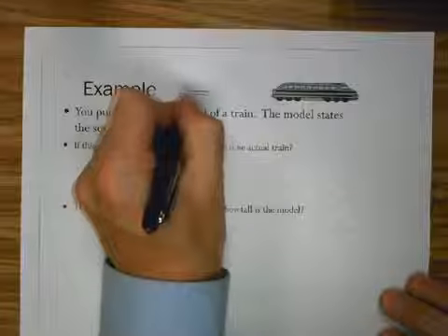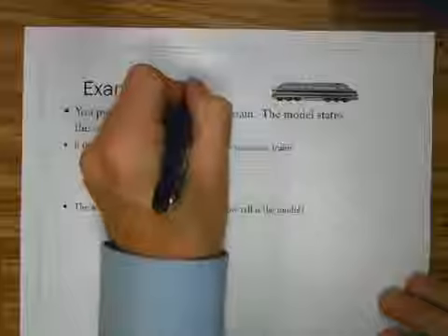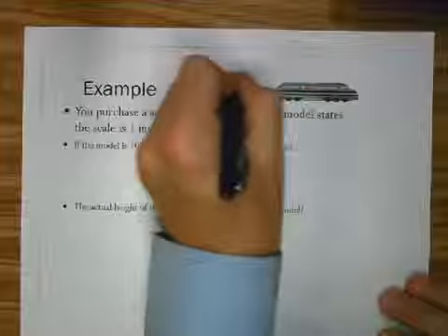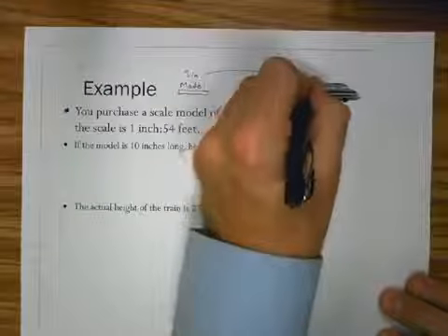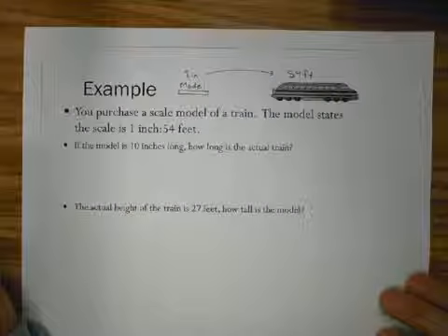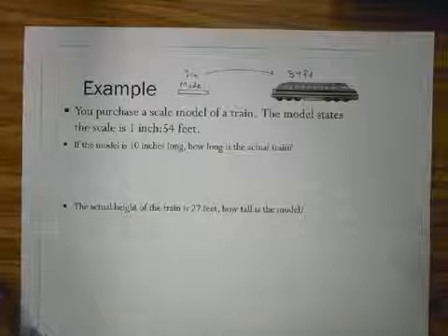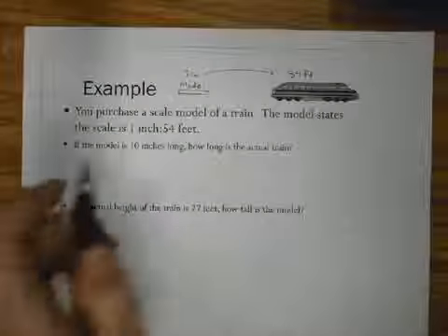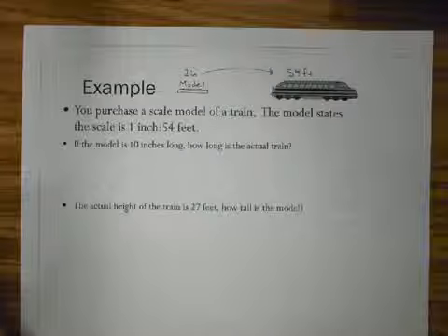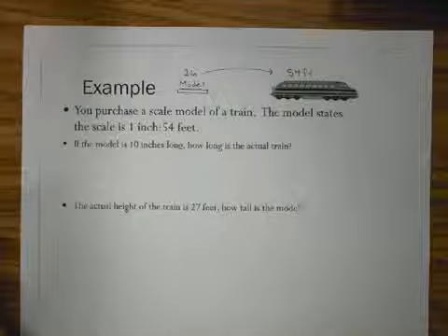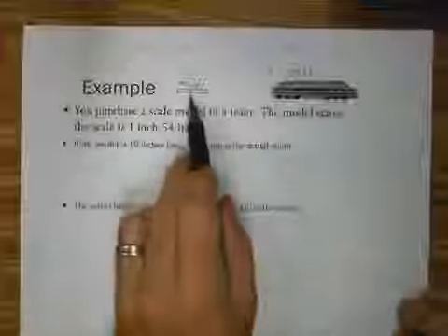Let's look at an example of a model train. So you purchase a scale model of a model train. The model states the scale is 1 inch to 54 feet. So that means if we look at the model we have here, that 1 inch on that model is 54 feet of the actual object.